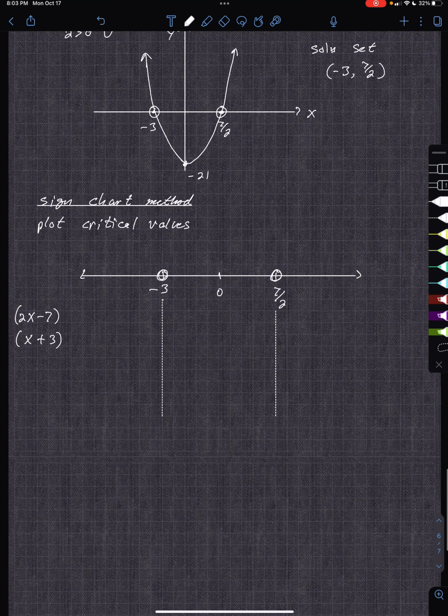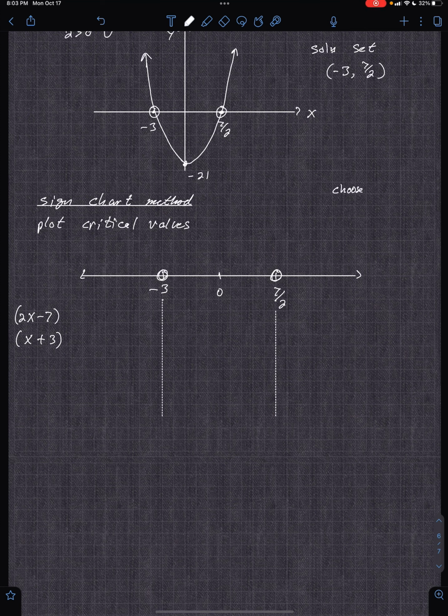Then you choose what we call test values inside each interval, because the critical values break this up into intervals. There are 3 different intervals.